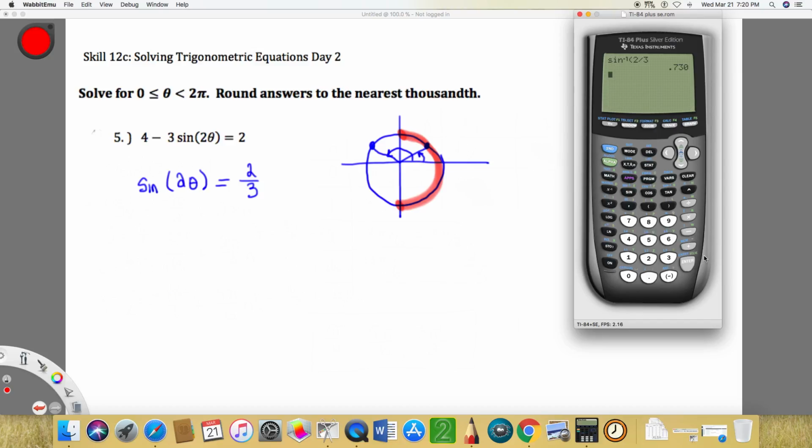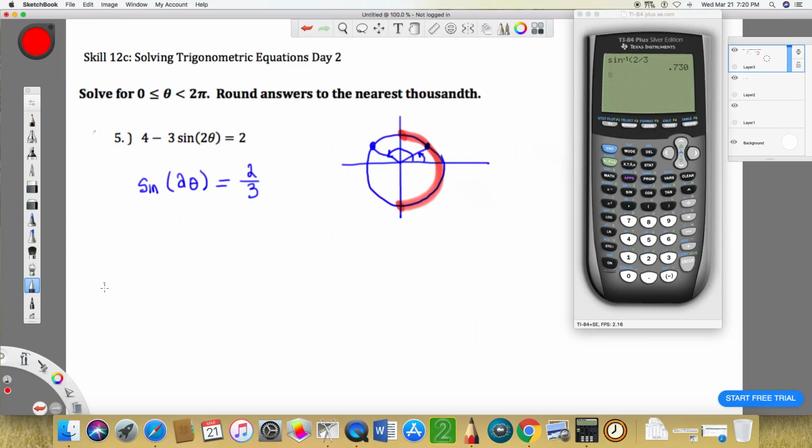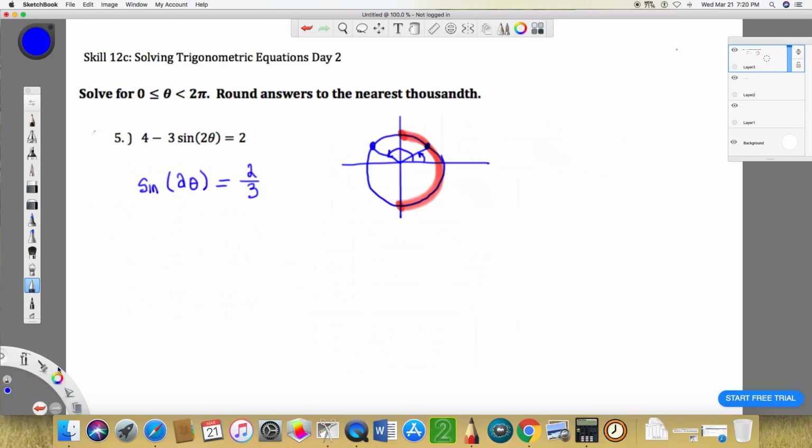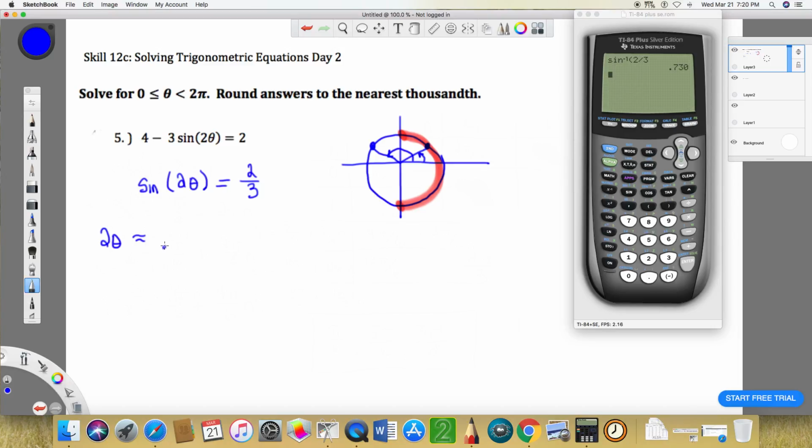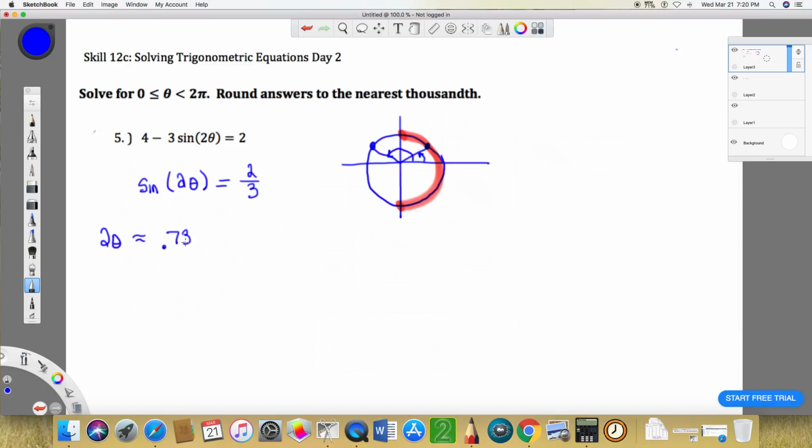So this angle of 2 theta is approximately equal to 0.730, and any angle that is coterminal to that.